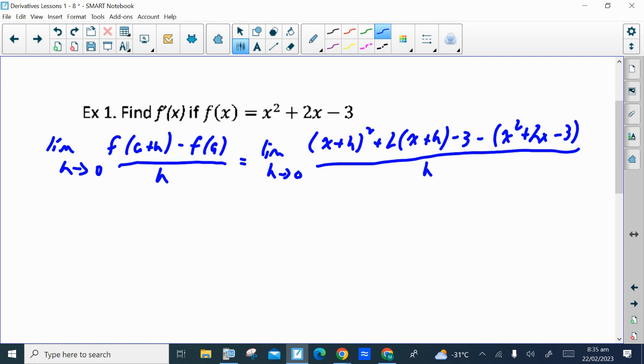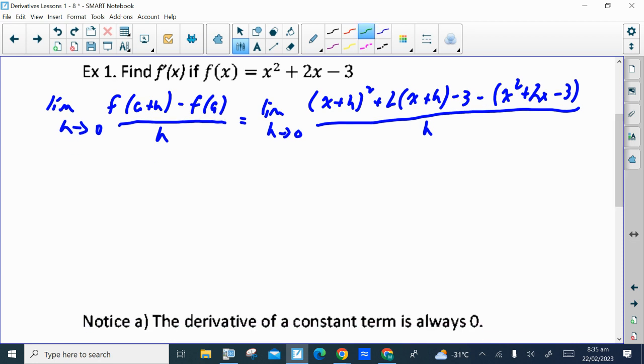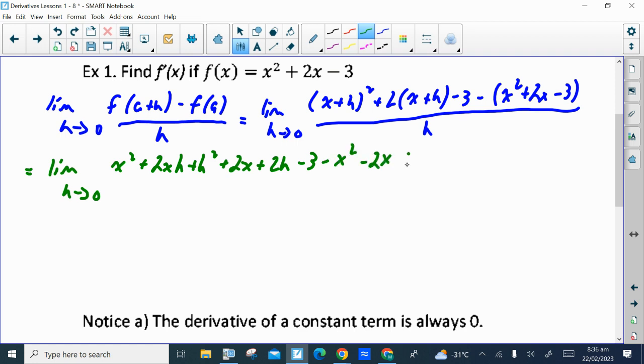So we need to do something to get rid of that factor of h on the bottom because it is non-permissive. So x plus h squared would be x squared plus 2xh plus h squared plus 2x plus 2h minus 3 minus x squared minus 2x plus 3.